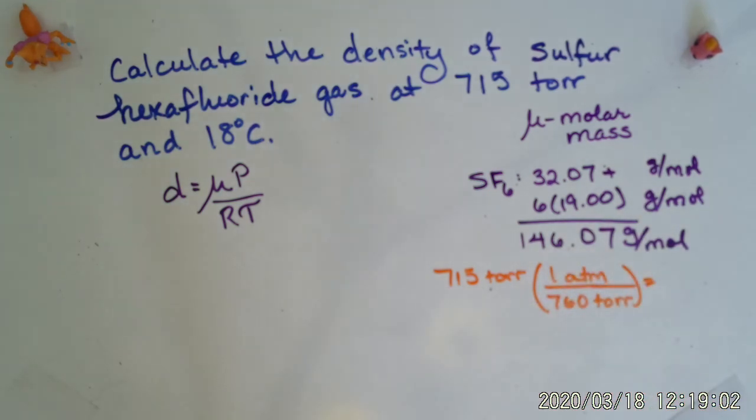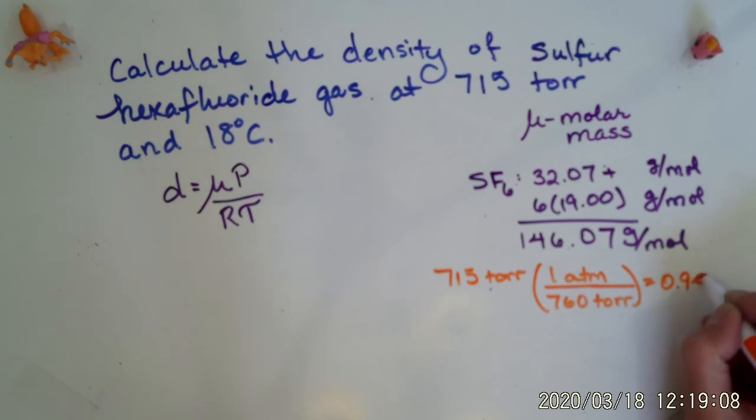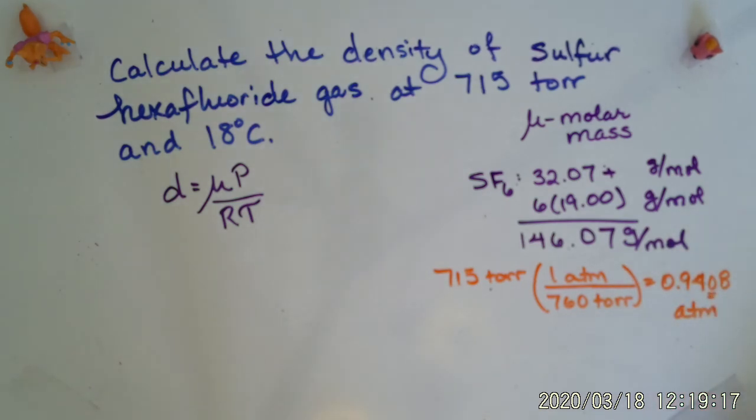So what we get is 0.9408 atmospheres. Now this is going to be in 3 significant figures, but I'm not done yet. So I'm going to use the 4 and then pull it back to 3.